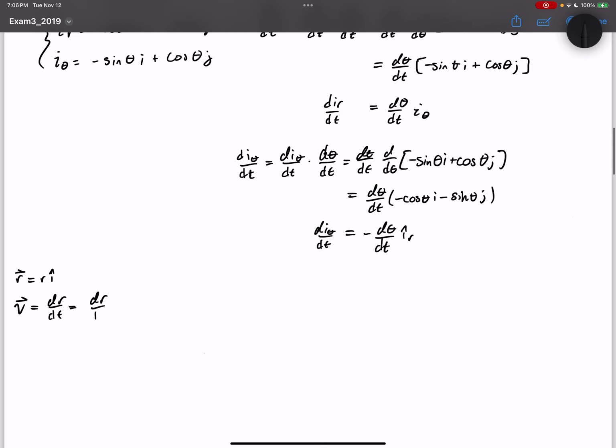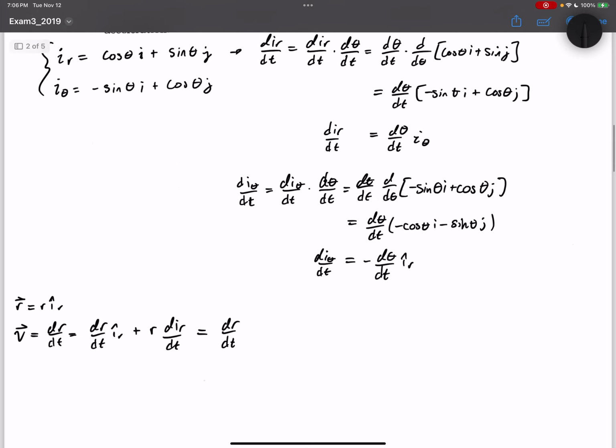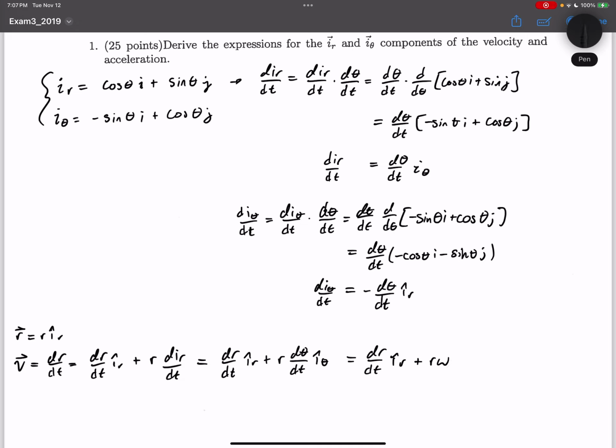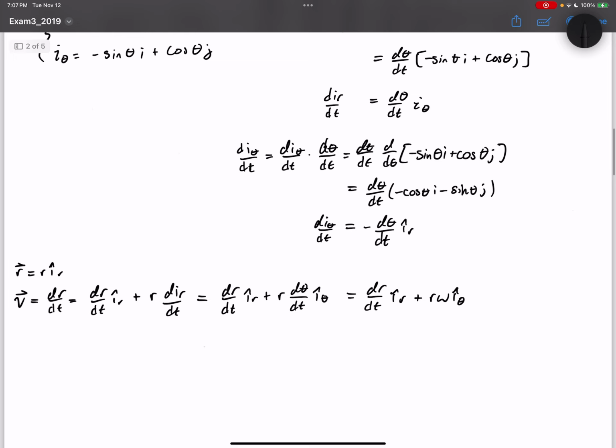So we have dr/dt i_r plus r di_r/dt. That ends up being dr/dt i_r plus r d theta/dt i_theta, which we can also say is dr/dt i_r plus r omega i_theta. So that's going to be our velocity.